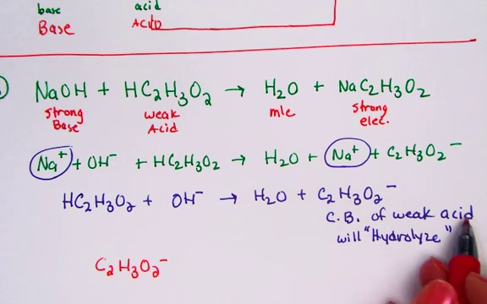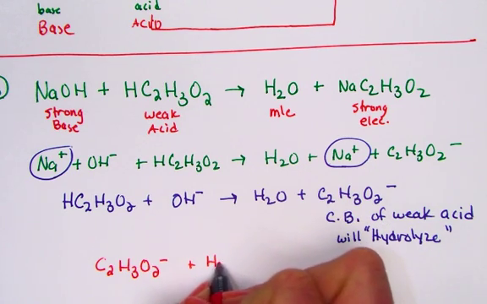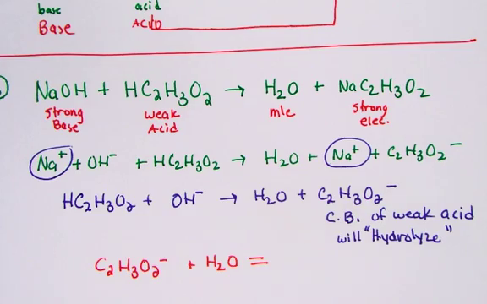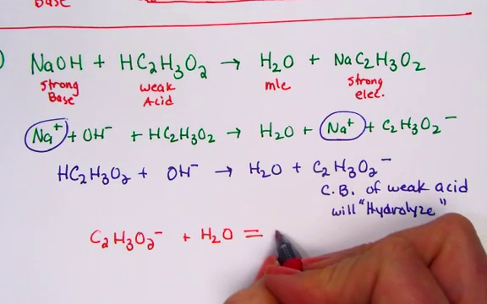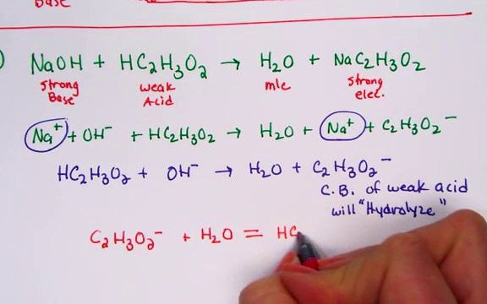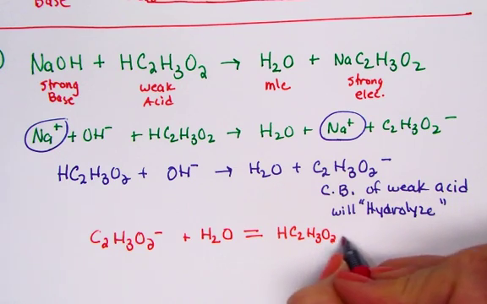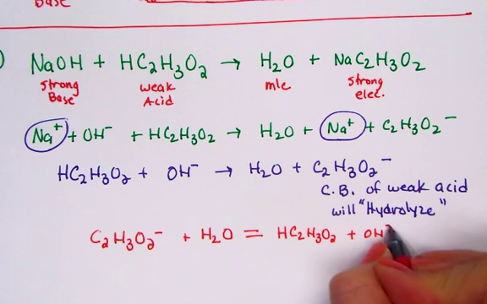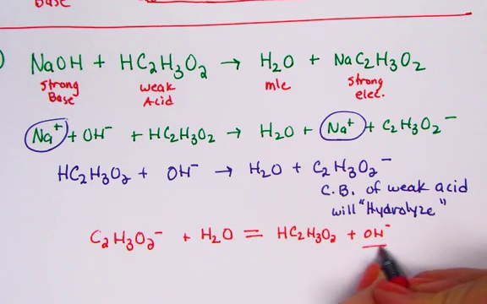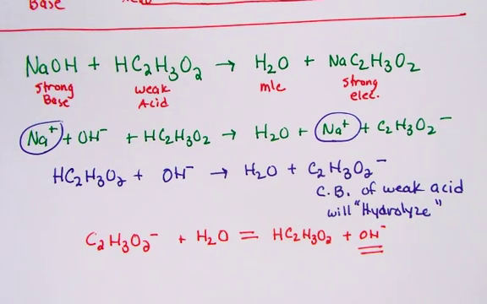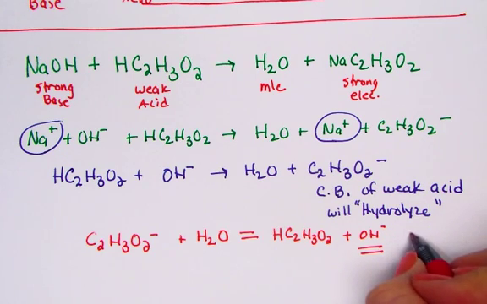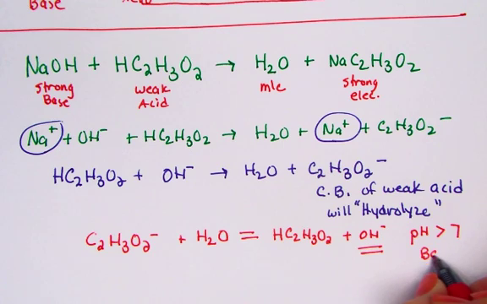The conjugate base of this weak acid reacts with water, and when it does so, we see a proton transfer. The proton is placed right back onto the original acetate, creating acetic acid, leaving the solution basic. The hydroxide ion that forms through the process of hydrolysis creates a pH that is greater than 7. The solution will be basic.